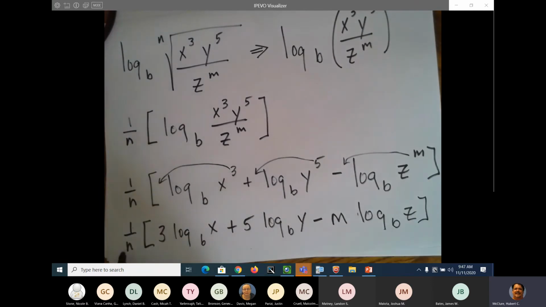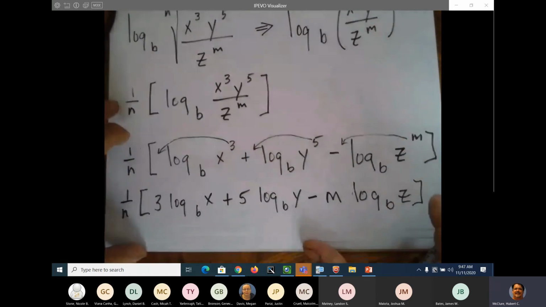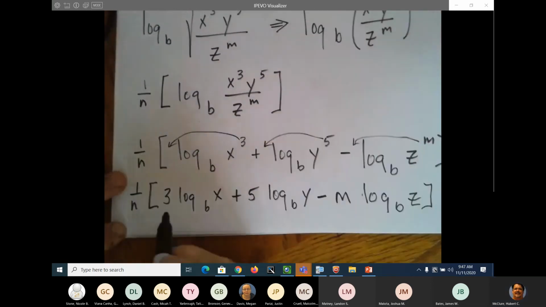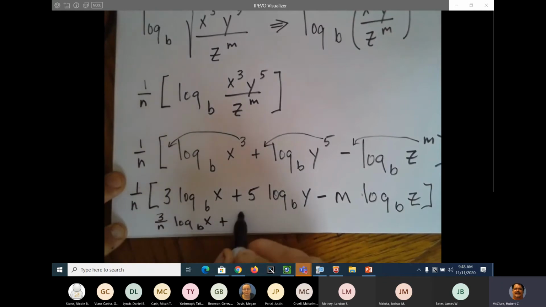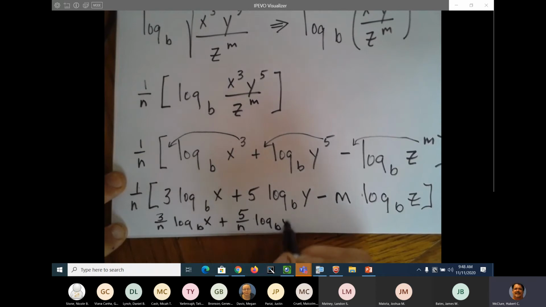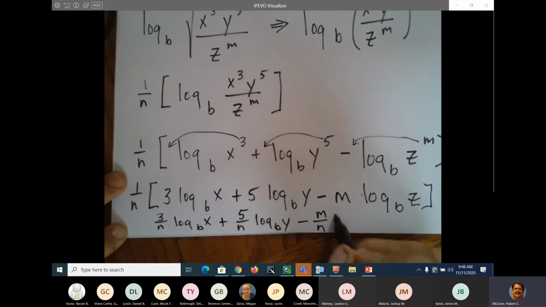And now you can distribute that 1 over n and get 3 over n log base b of x plus 5 over n log base b of y minus m over n log base b of z.